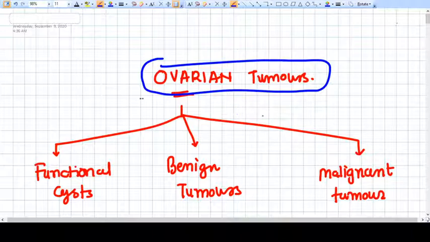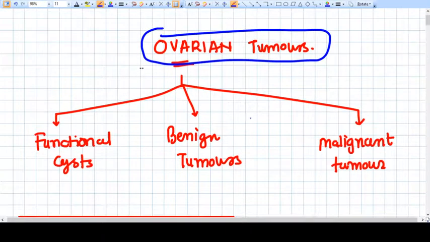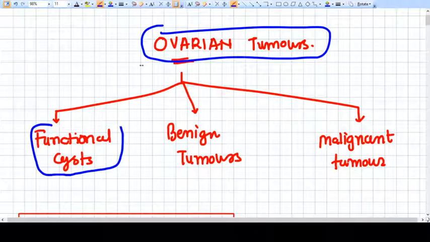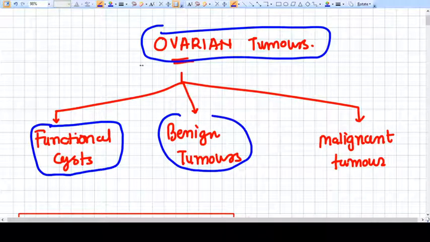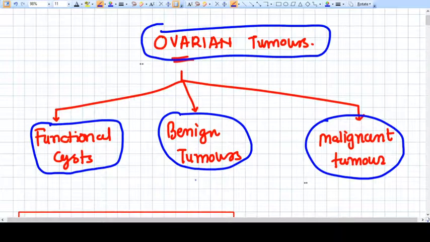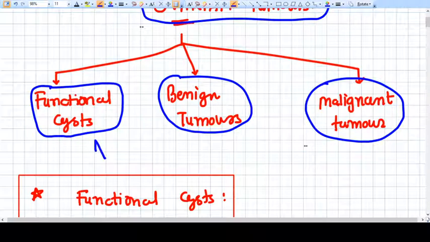This is what is important. So basically there are three types of tumor in ovarian tumors. The first is a functional cyst, then comes the benign tumors, and then comes the malignant tumors. So the functional cyst, as the name suggests, the function of the ovary is what?